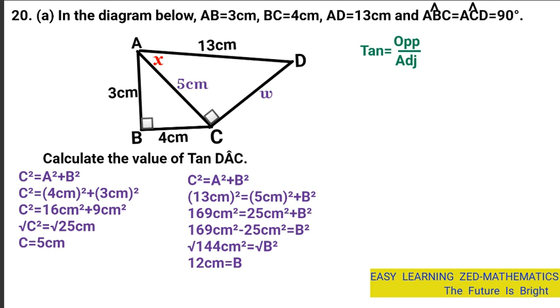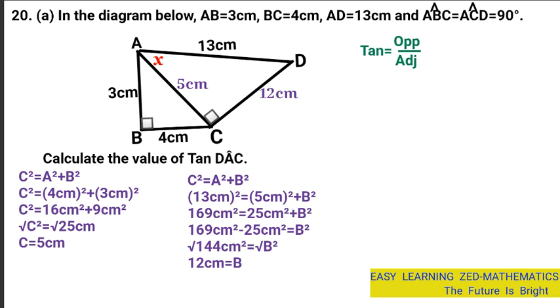Now we have managed to find the two missing sides of this triangle, which is ACD. Now we can go back to our original question, which is the tangent of angle DAC.